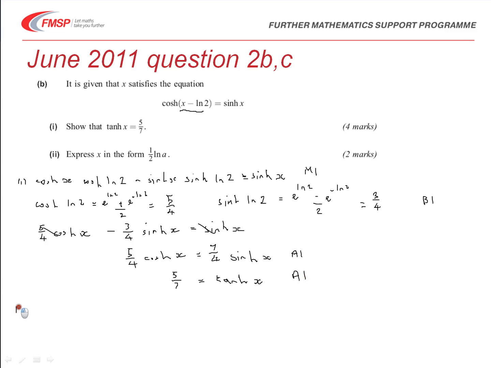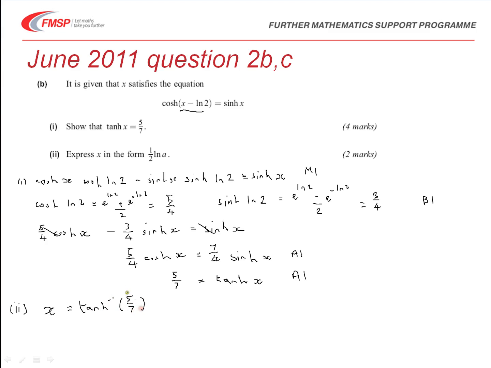And then finally into part 2, to get x, we know then that x will be equal to tanh to the minus 1 of 5 over 7.